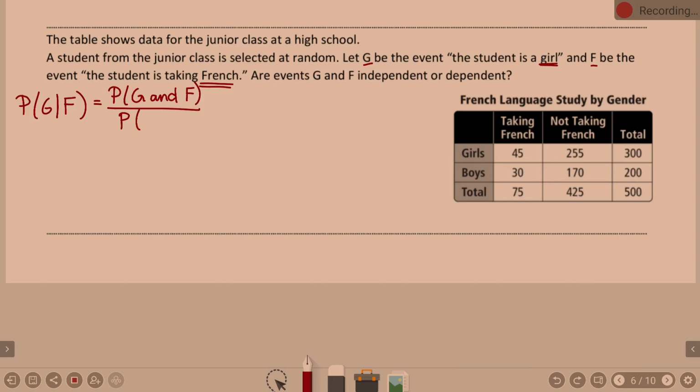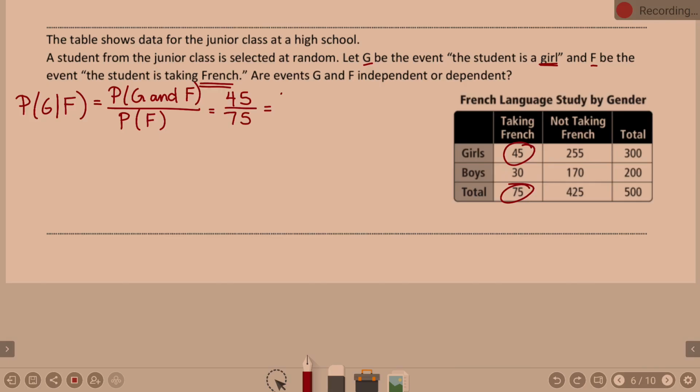That's the condition. How many girls in French? 45. How many students in French? 75. Well, I know they both divide by 5 at least. So it's 9 over 15, which should be 3 fifths. That means it divides by 15.